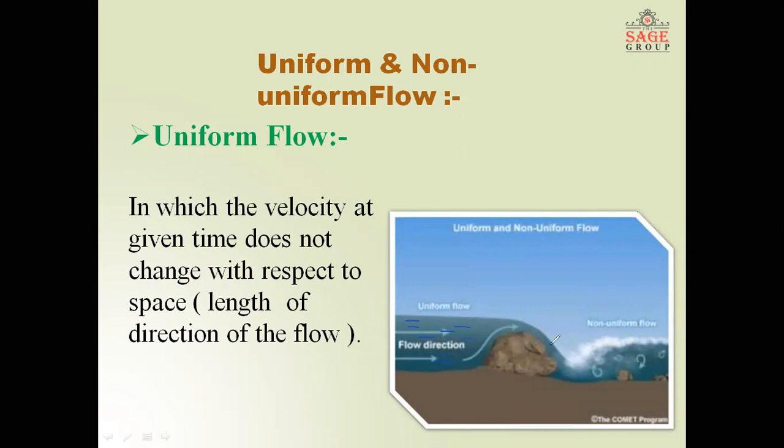This is the uniform flow, and after passing of fluid on this stone, here is another example, of non-uniform flow. This one is non-uniform flow. Now the definition of uniform flow is that the velocity at a given time does not change with respect to space, length or direction.